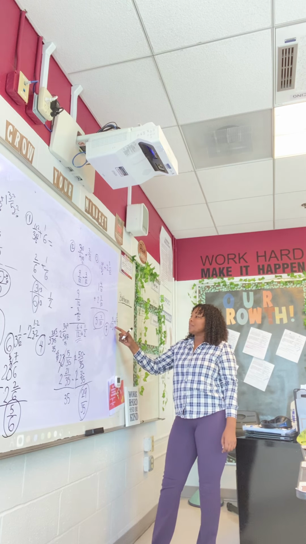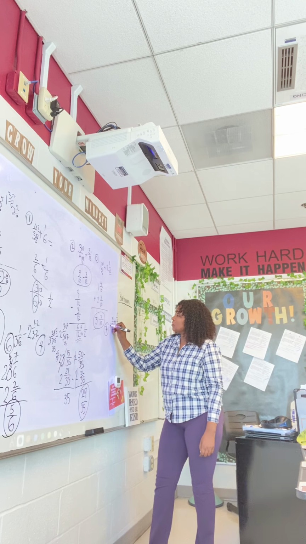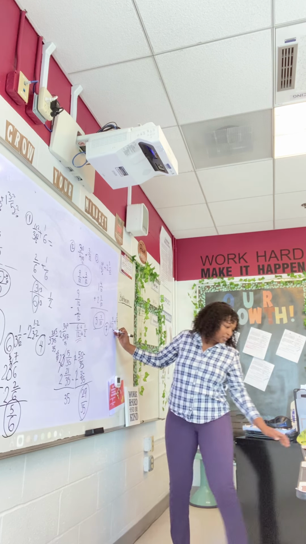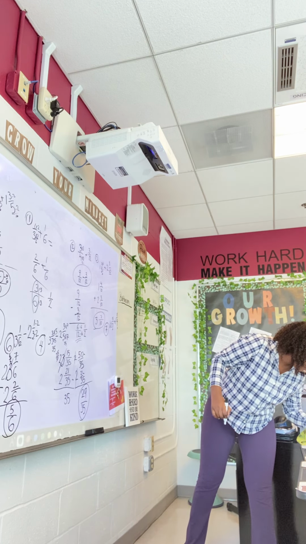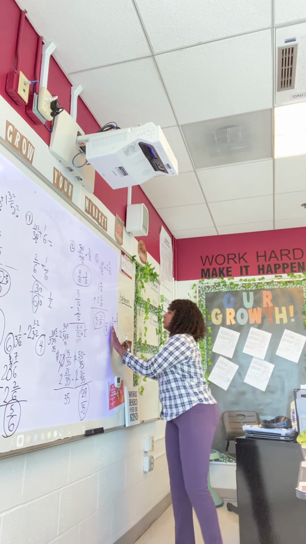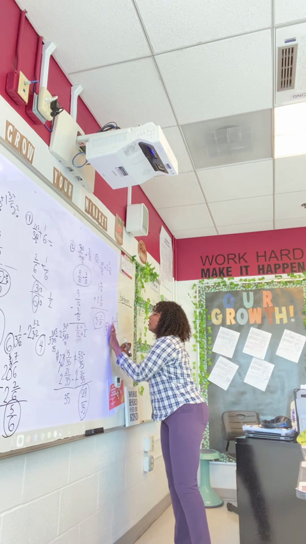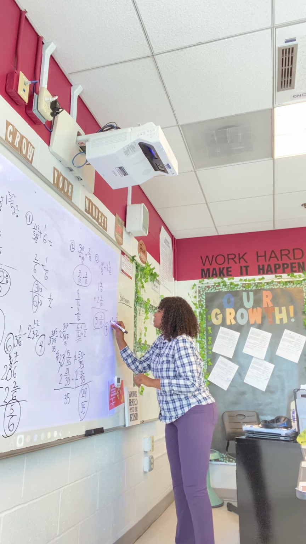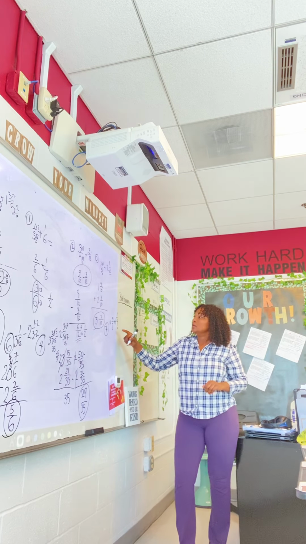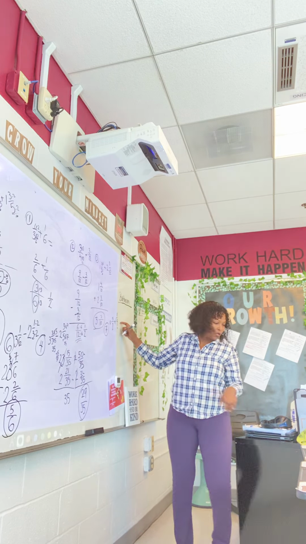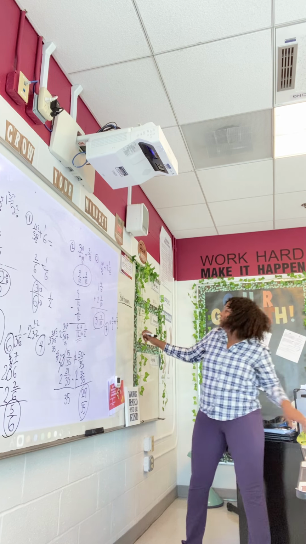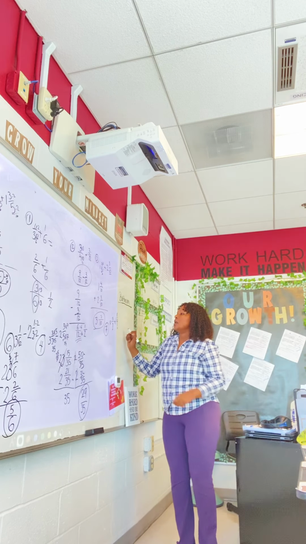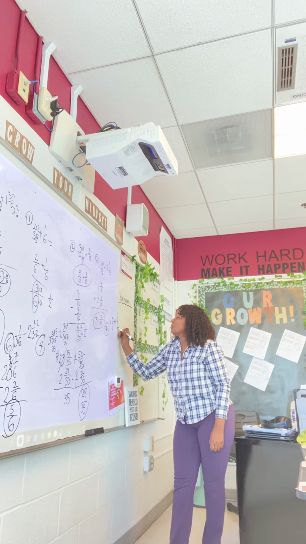Oh, what does it say? Oh, no. Okay, sorry. 12 whole, 5/7 plus 1 whole and 1/4. I think I wrote it correct, right? Yeah. All right.